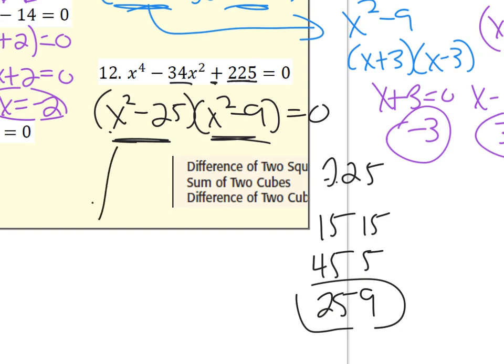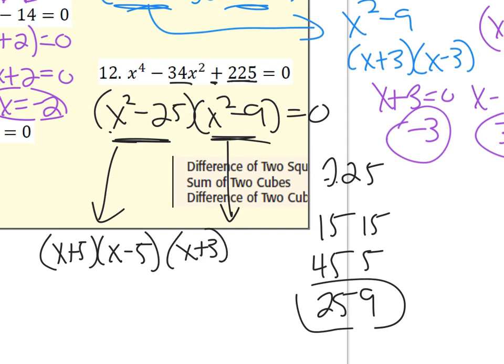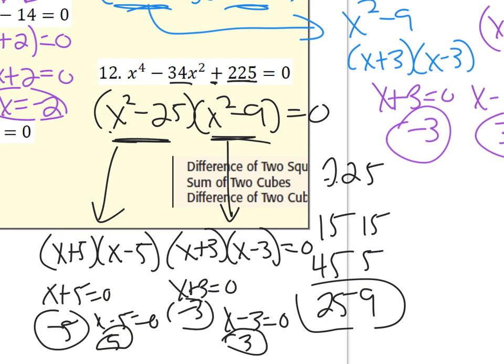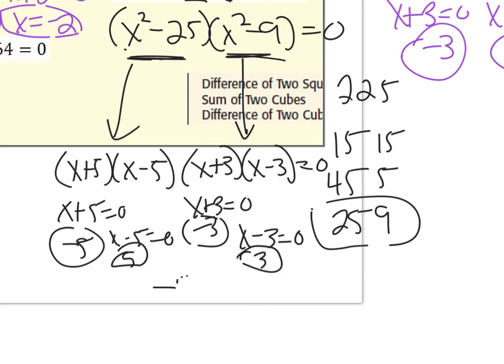So this becomes x plus 5, x minus 5, which you've seen a couple times already, x plus 3, x minus 3, still equals 0. So that means each little part equals 0. So my answer is going to be negative 5, 5, negative 3, 3. That's my solution to that problem.